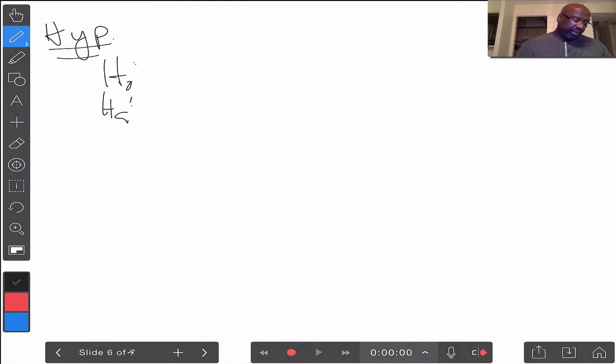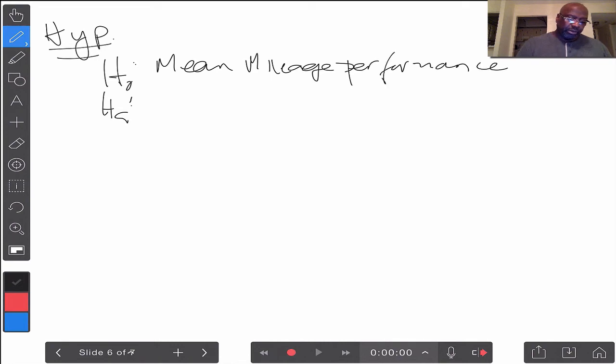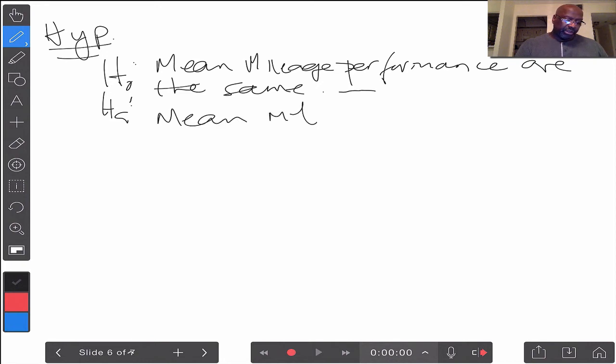So we could say the mean mileage performance are the same for the different types of gasoline, right? Versus the mean mileage performance differ.